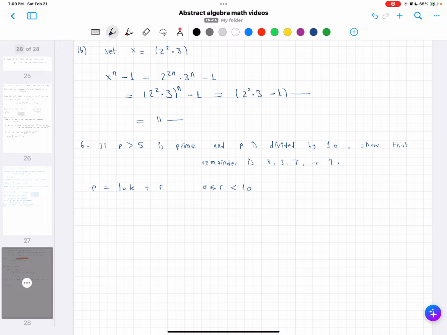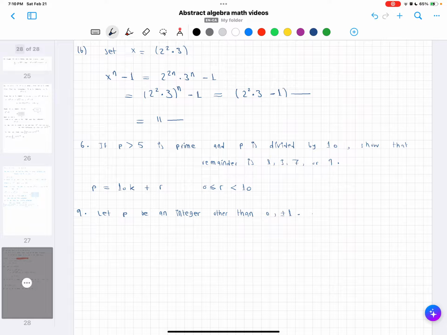So let's see question 9. So let P be an integer other than 0, plus or minus 1.